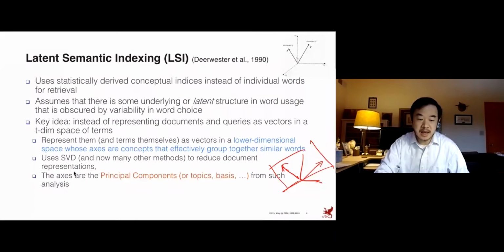And these axes are also known sometimes as principal components, and sometimes they are called topics and bases, depending on their use cases. And mathematically, people also sometimes call them factors, although factors have other specific statistical meaning depending on the technique you use. So today we're going to study some of the operations and the computational procedures of this problem.